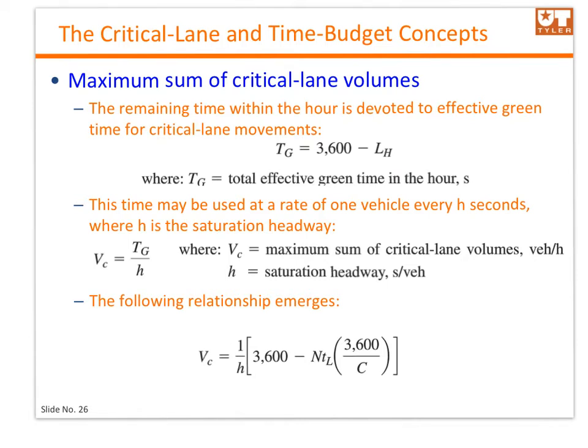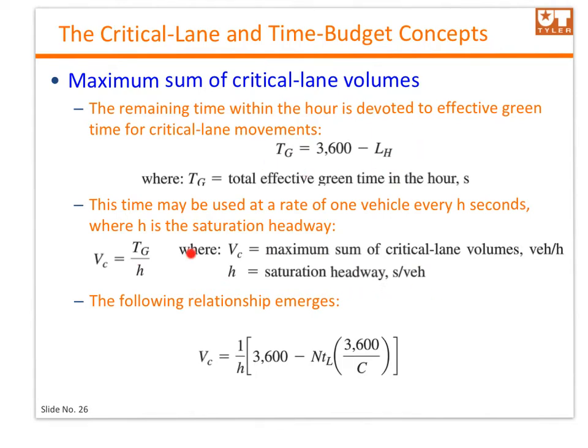This time, TG, may be used to calculate the rate of one vehicle every H seconds, where H is the saturation headway. So VC, the maximum sum of critical lane volumes in vehicles per hour, is equal to TG, the total effective green time, over the saturation headway.